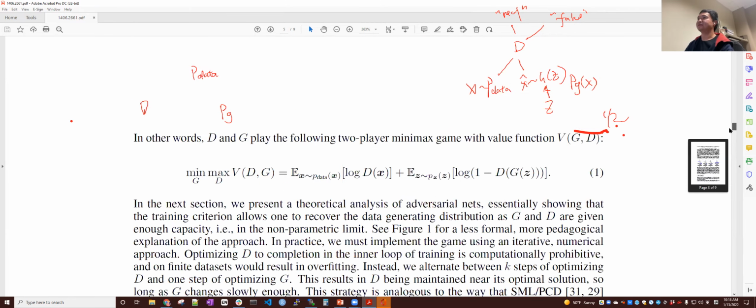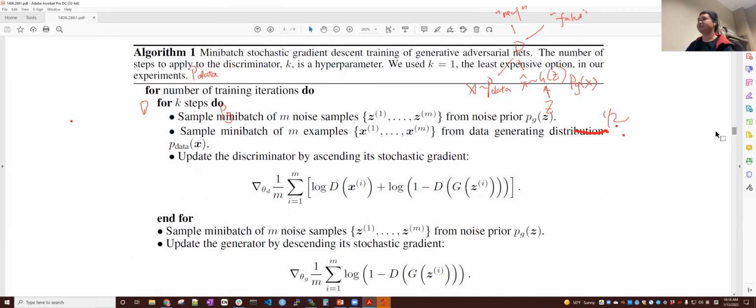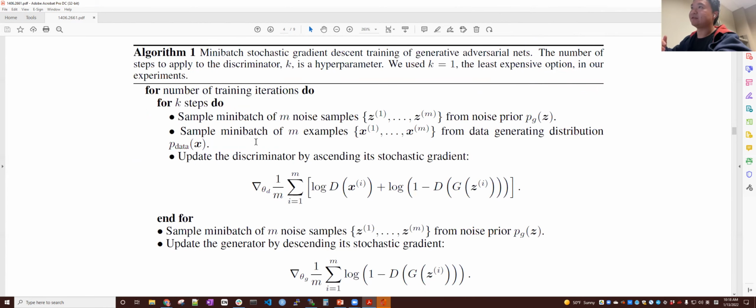Yeah, so that's it. The algorithm is not complicated. In one iteration, it has two steps.